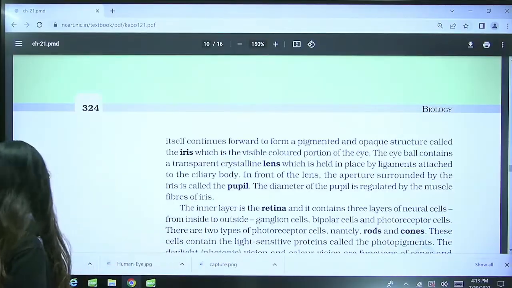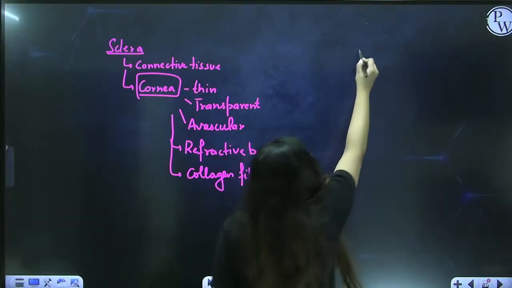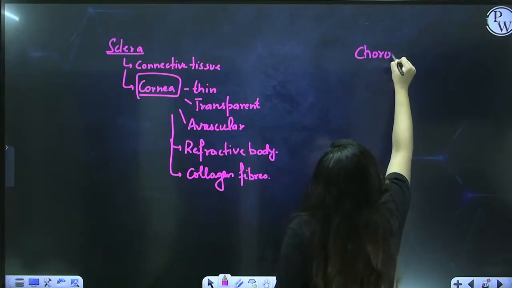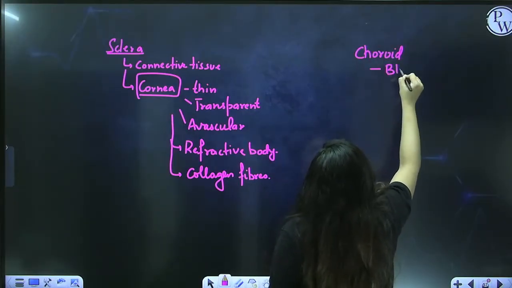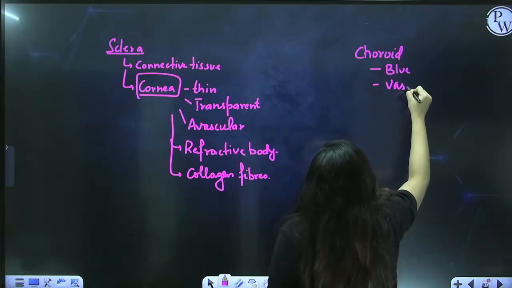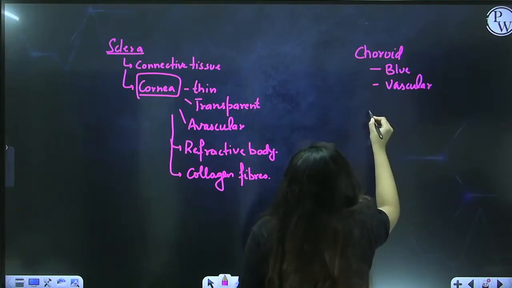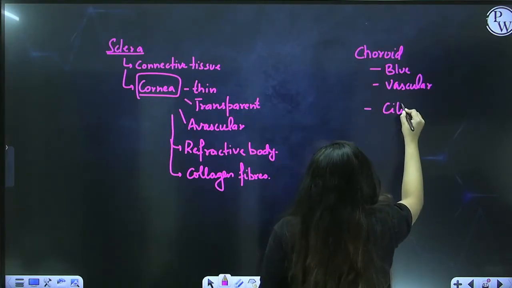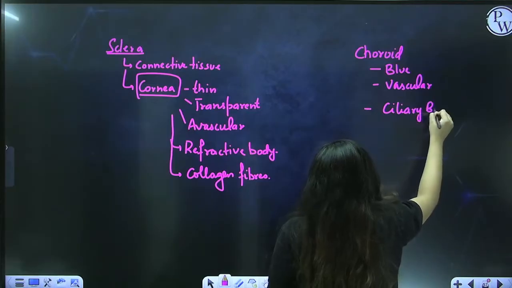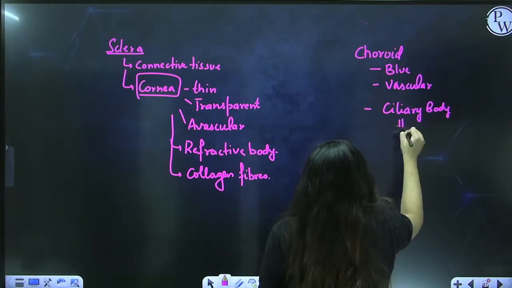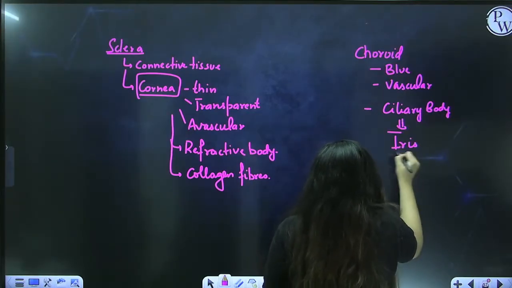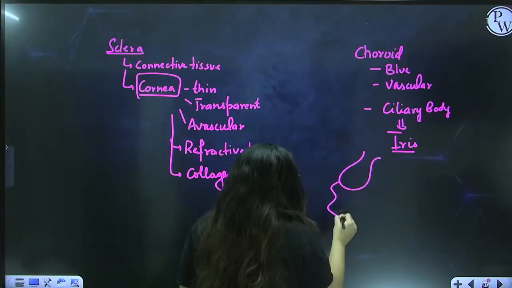So let's discuss the choroid in more detail and write this down. What's the color of the choroid? Blue. Does it have a lot of blood vessels? Yes, it is vascular. So anteriorly it forms the ciliary body, and the ciliary body later forms the iris, right? So if this is the ciliary body, this will be the iris.